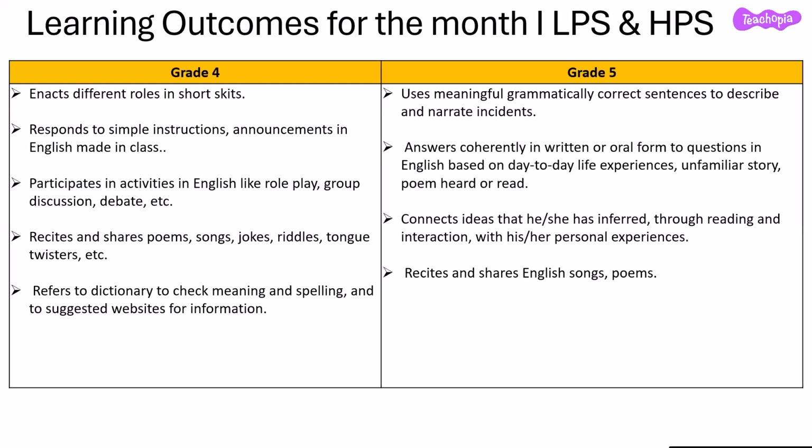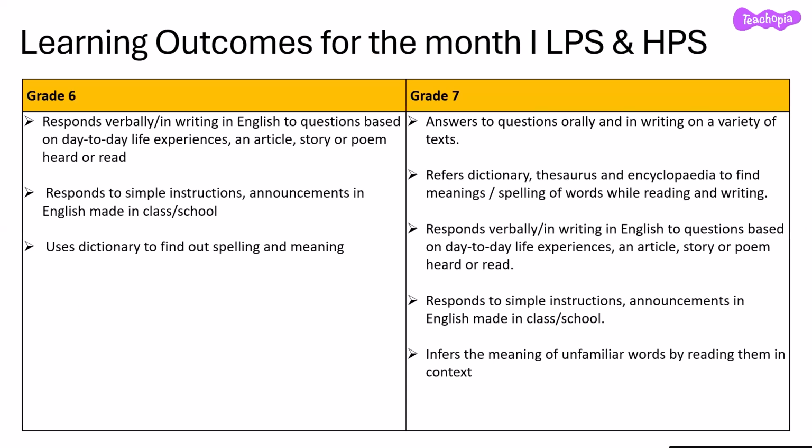Similarly, for grade 5, we're looking at meaningful grammatically correct sentences, answer coherently in written or oral form to questions, connecting ideas that have been inferred through reading and interaction, and reciting and sharing English songs and poems.